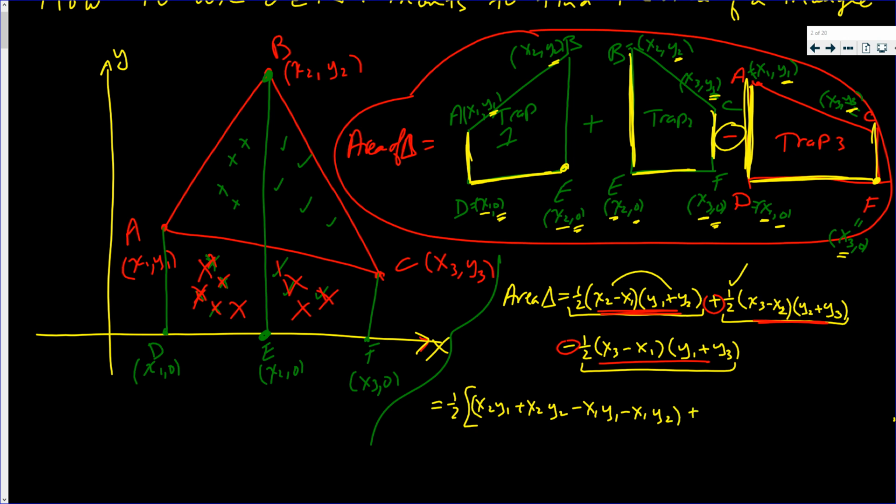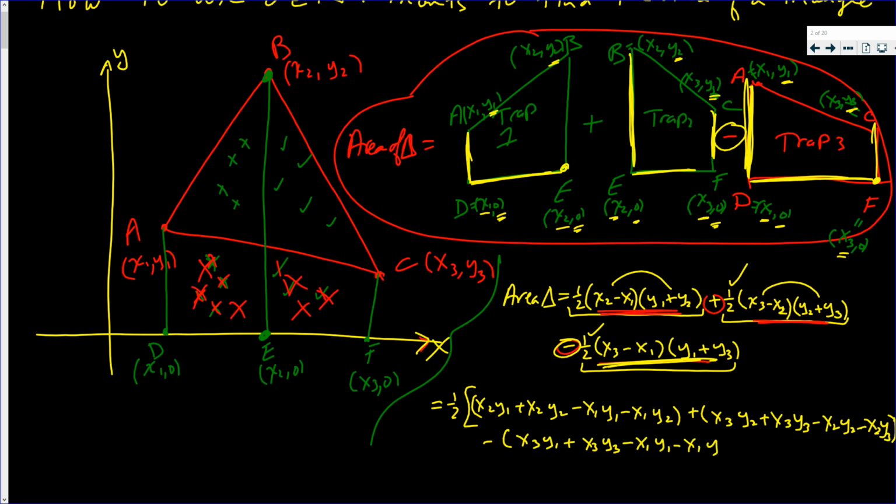Plus, I factored out the half, so I just multiply those two. I get x3y2 plus x3y3 minus x2y2 minus x2y3. Minus, because I'm down here now, does say minus. I factored out the half. I multiply those out. I get x3y1 plus x3y3 minus x1y1 minus x1y3.